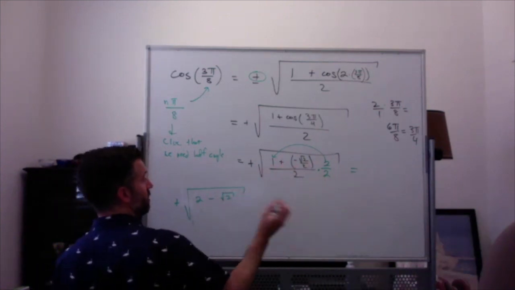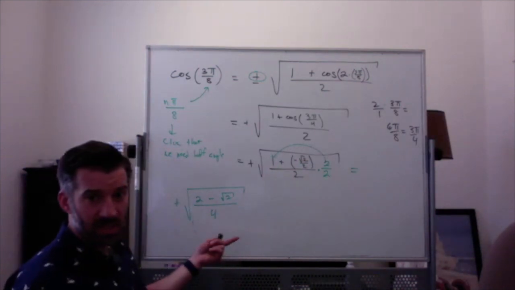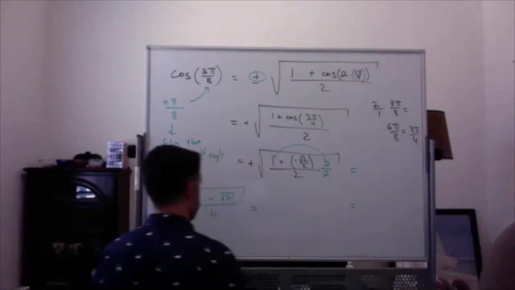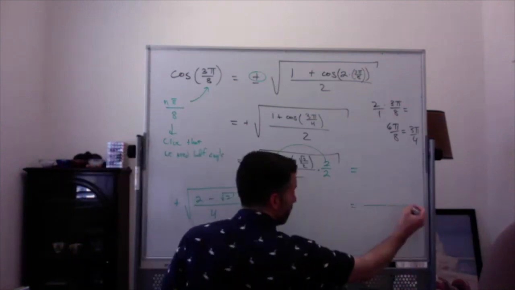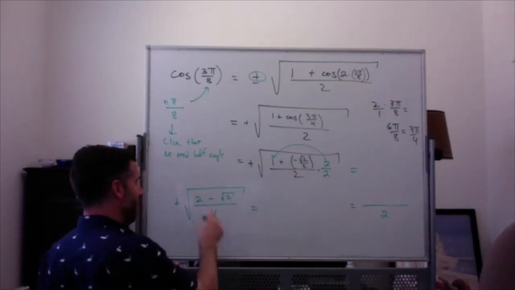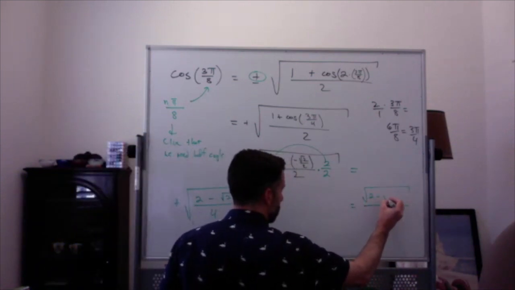And then the bottom is 4. And then I think you can skip the intermediate step and go straight to saying, well, the square root of 4 is 2, no longer in the radical, and the top is just the square root of 2 minus root 2.